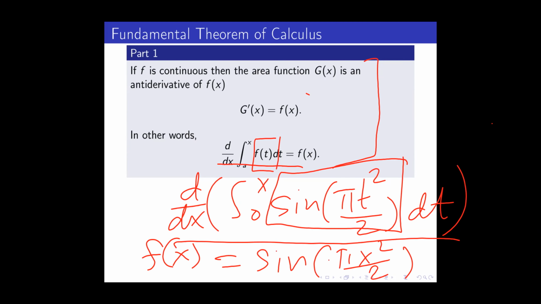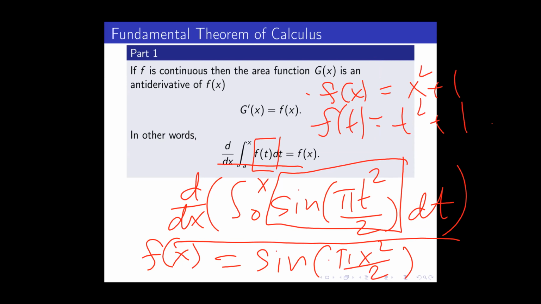So x is just t, and x is the name of the variable. So that's just saying that if you know that fx is x squared plus 1, that is the same as saying ft is t squared plus 1. So if you change the parameter here, you change the parameter on the right hand side too.